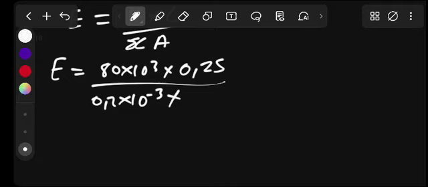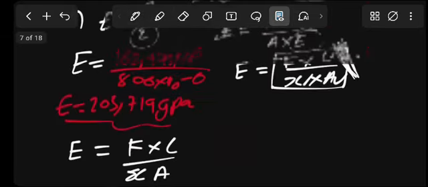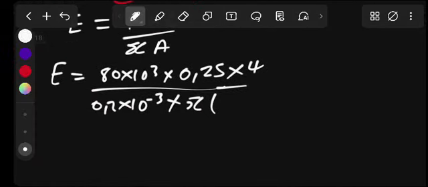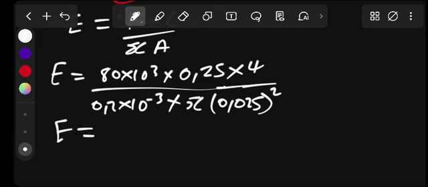The area would be pi. Let me multiply by 4 there. Then the diameter, it was 25, which is same as 0.025 squared. Let's check. Someone can calculate in this manner.